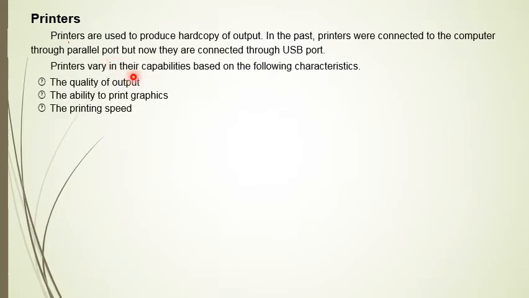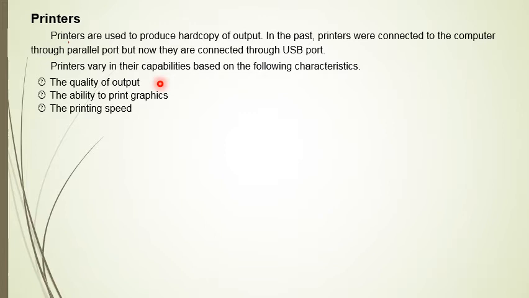Printers vary in their capability based on the following characteristics. While we differentiate printers, there are some characteristics through which we say this printer belongs to this category, and this printer belongs to that category. First one, quality of output: how the print is going to be produced, good quality, low quality, high quality.